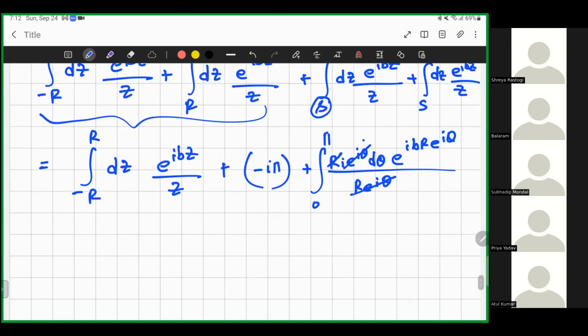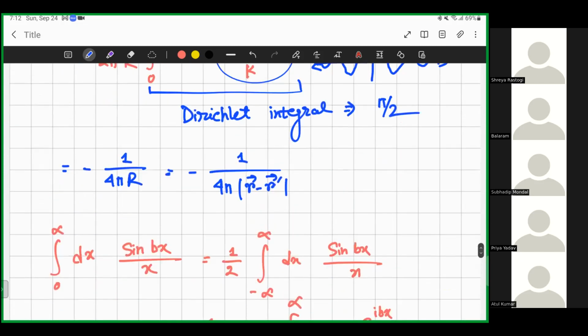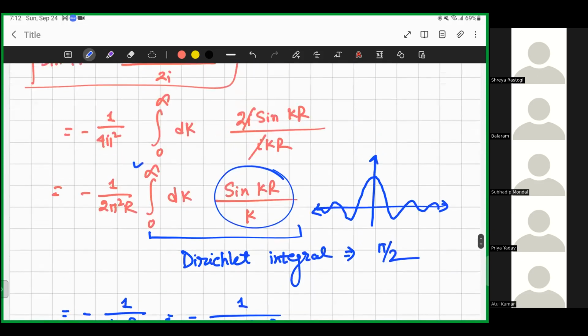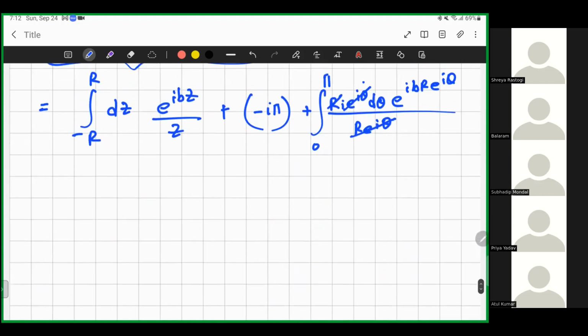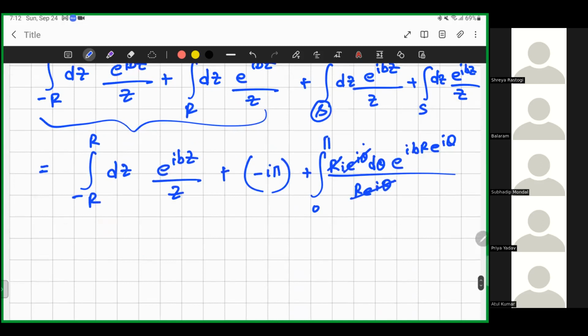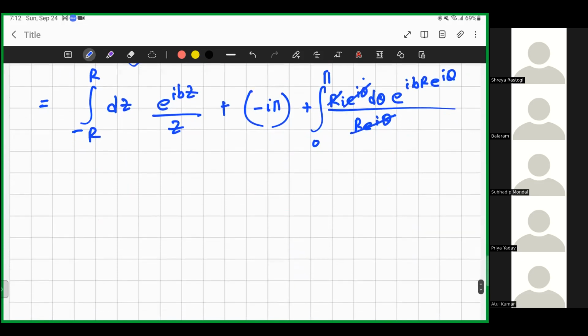But we have to keep in mind that at the end, we have to take the imaginary part only, right? So here, the imaginary part we have to take only. Let me write it here, then it will be clear. The integral is 0 to pi d theta e to the power i b r e to the power i theta.